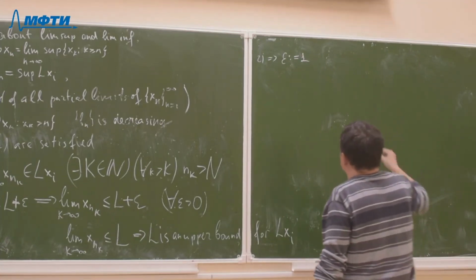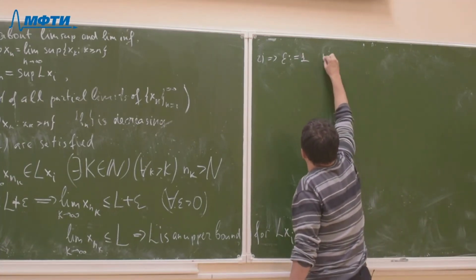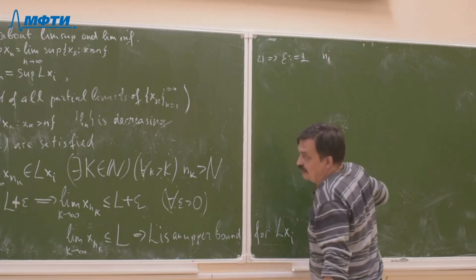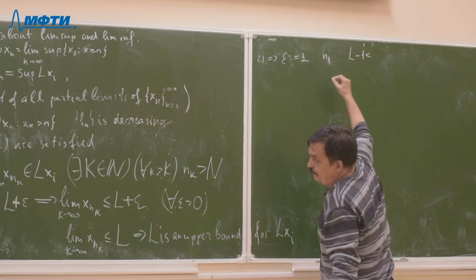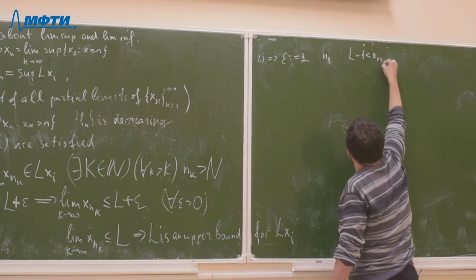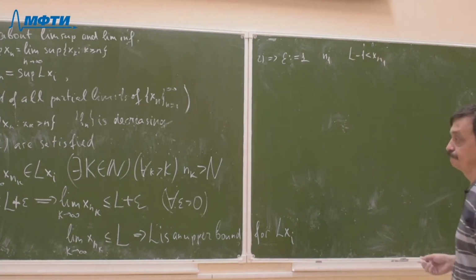Then we may choose n_1 such that L minus 1 is less than x_{n_1}, right?